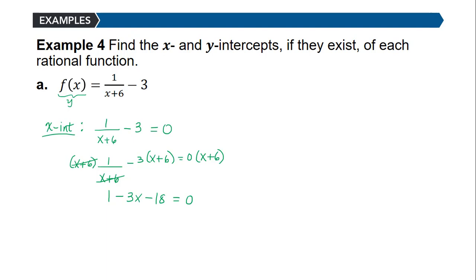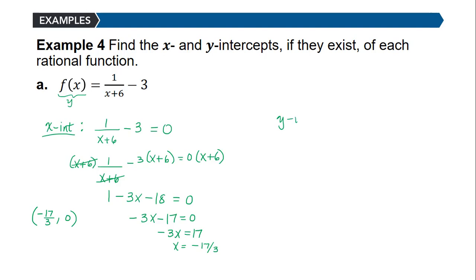Combining like terms on the left, we get negative 3x minus 17 equals 0. We can add 17 to get negative 3x equals 17, and then finally divide by negative 3 to get x equals negative 17 thirds. So our x-intercept is at the point negative 17 thirds, comma 0.